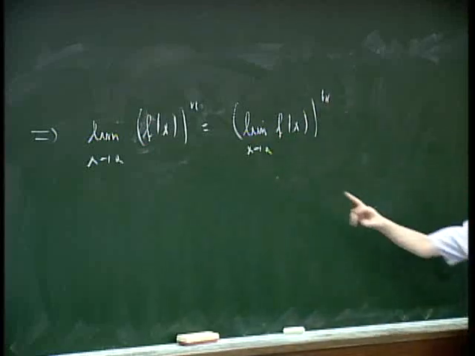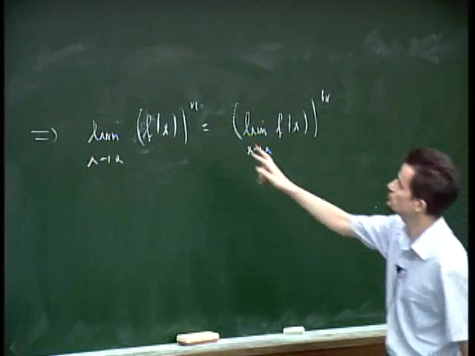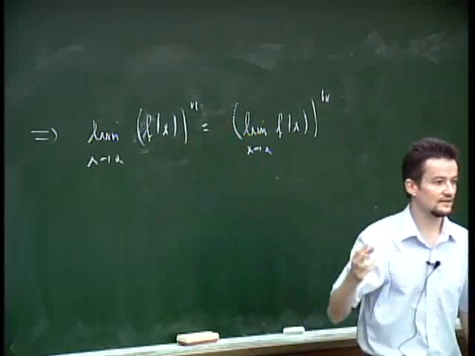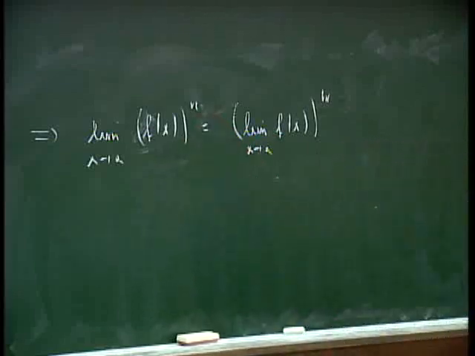Okay, so this is already a consequence from the product rule. For n equal to 2, you apply it once. And if you have three functions, you apply the product rule twice, and you get this rule here. By induction, you get the general rule.